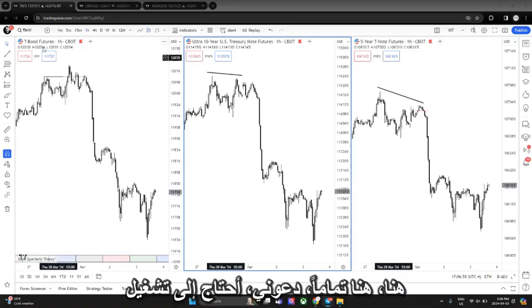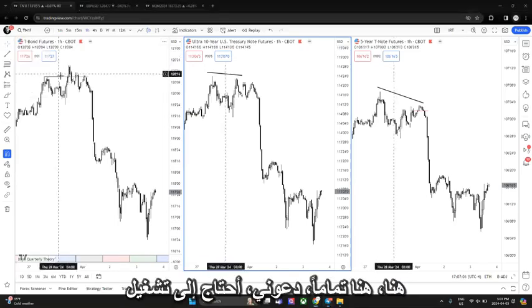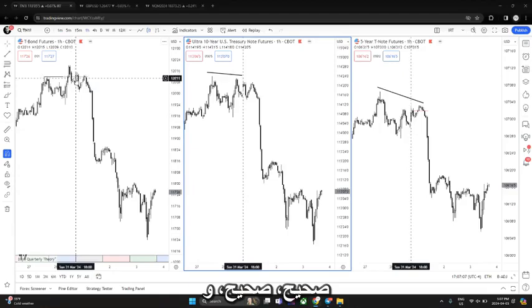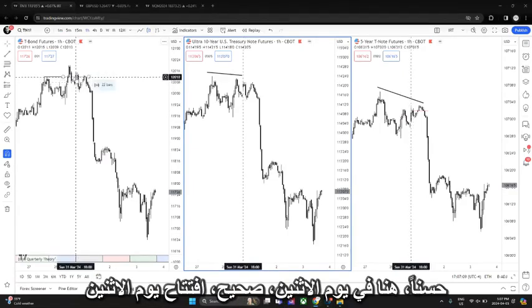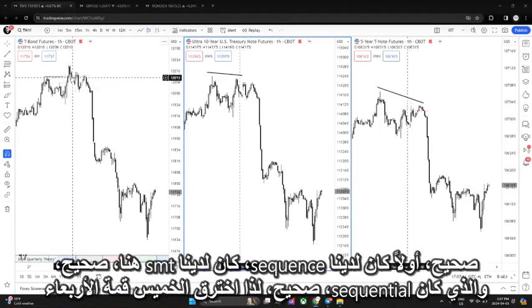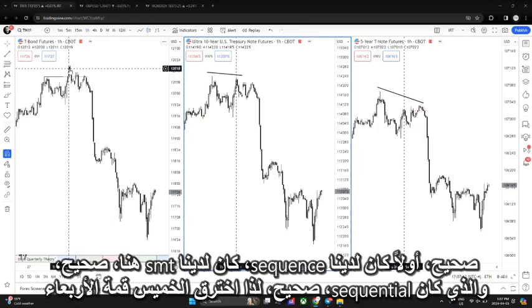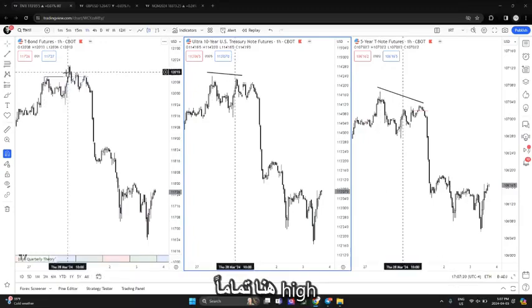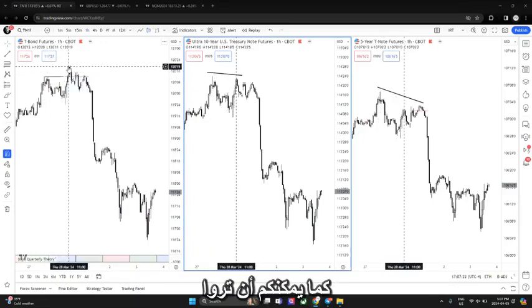I need to turn on the crosshairs for you guys. Okay, so right here on Monday's opening, first we had SMT here, which was sequential. So Thursday ran out Wednesday's high, right here, as you guys can see.